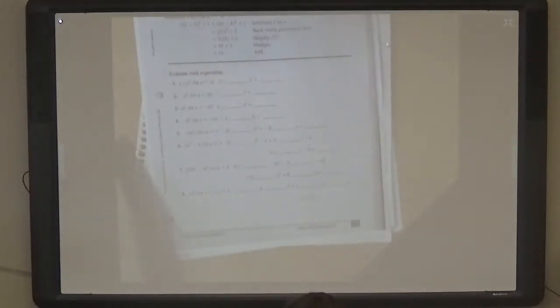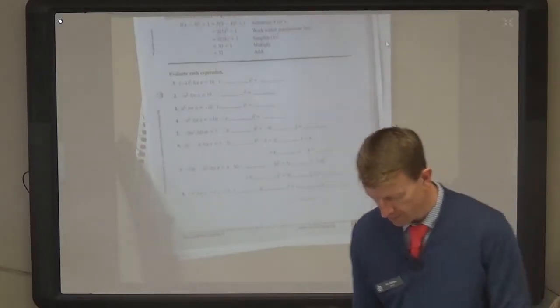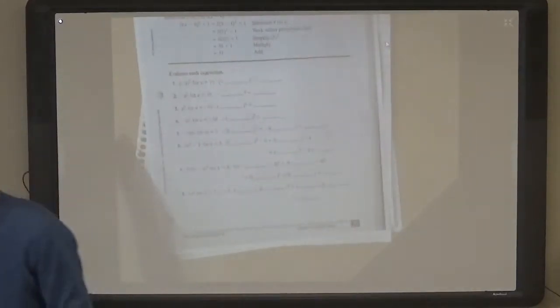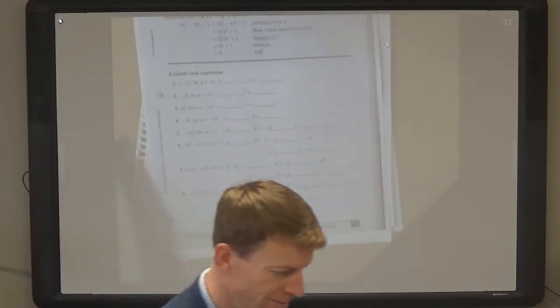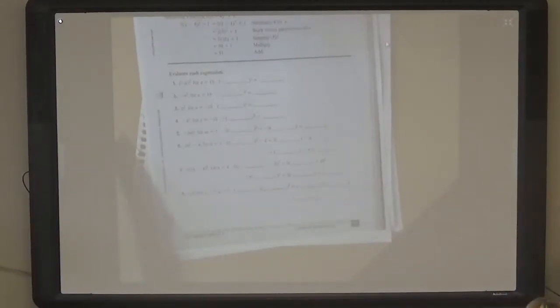Look at number 1. It's a negative a in parentheses and then squared. I want you to think of that parentheses as kind of like hugging the number. In other words, it's part of the base in that power.